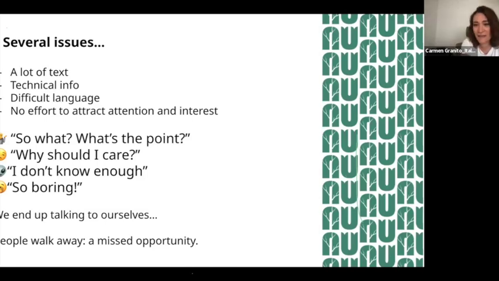So in the best case scenario, people will stop 3-5 seconds and then walk away. In the worst case scenario, people don't stop at all. And we have missed an opportunity to tell something useful, meaningful, important about our place.